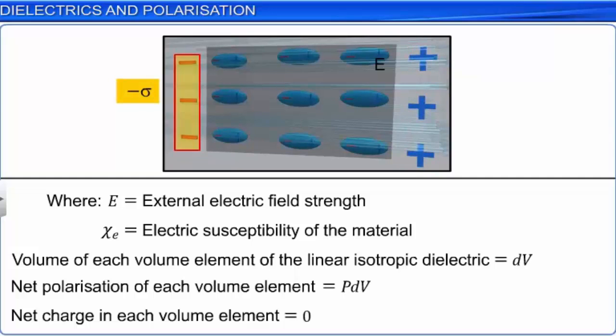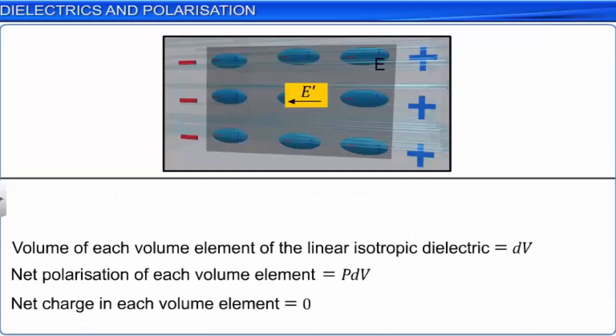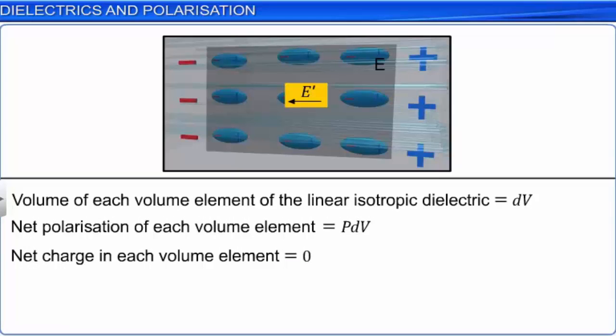This in turn causes a weak electric field of strength E' to be induced in a direction opposite to that of the uniform electric field of strength E. Therefore, the net electric field E0 in the dielectric will be equal to E minus E'.